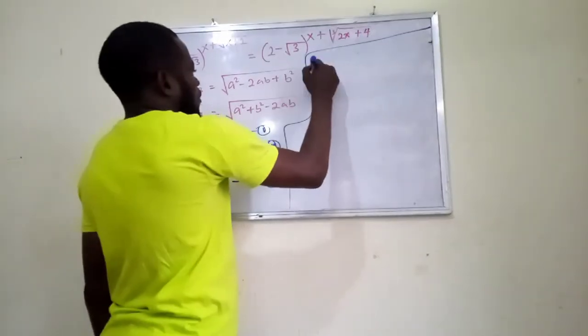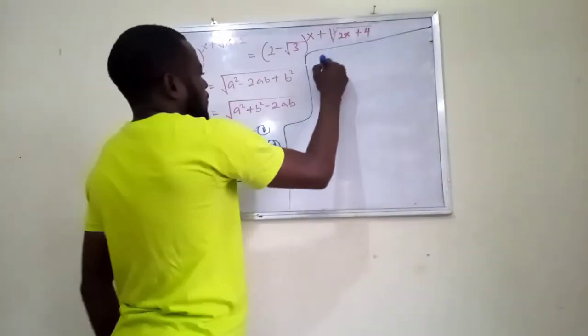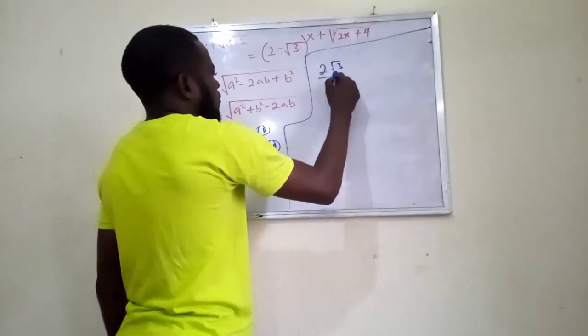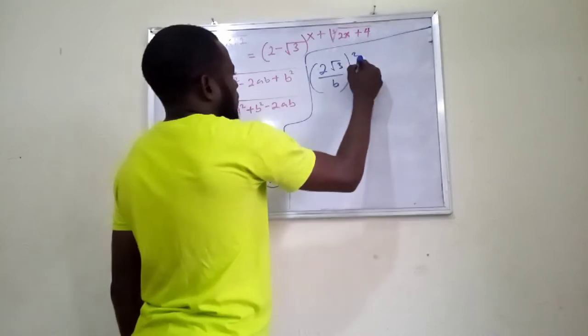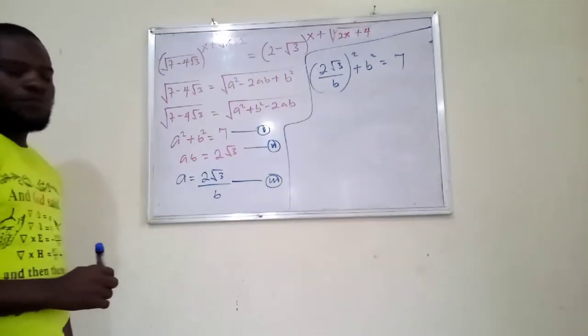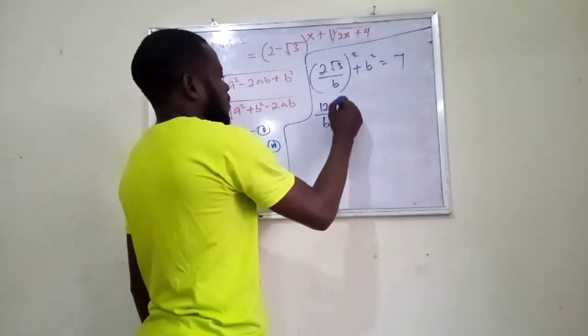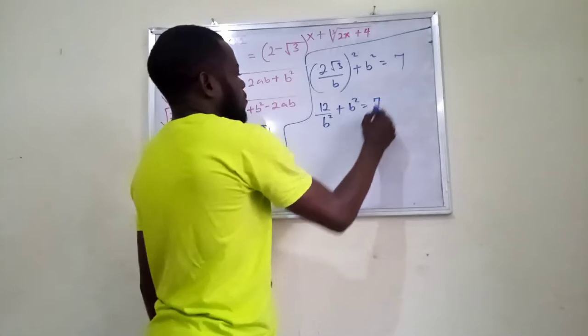So instead of a square, I'm going to have 2 root 3 over b all squared, plus b square equals 7. This is the same thing as saying 12 over b square plus b square equals 7.